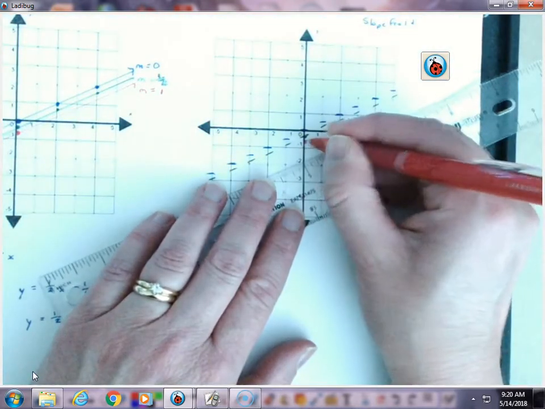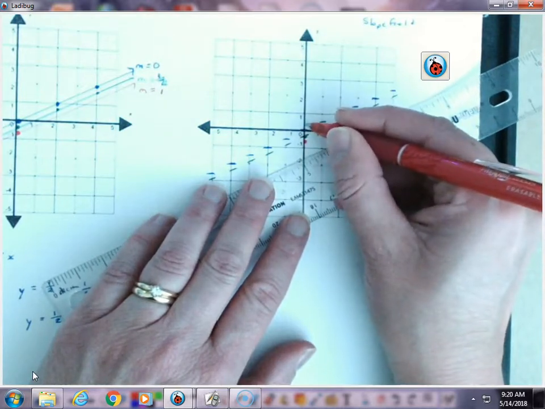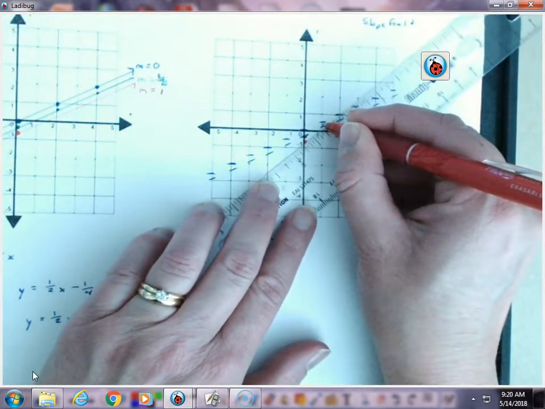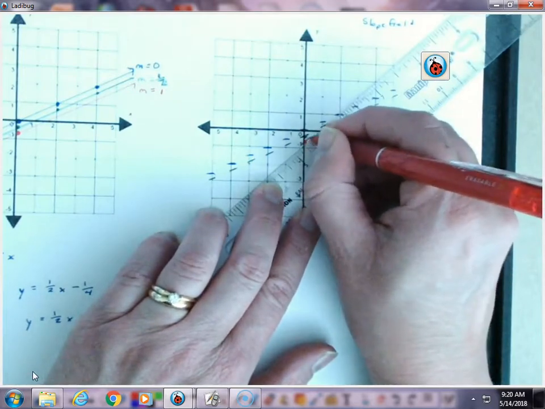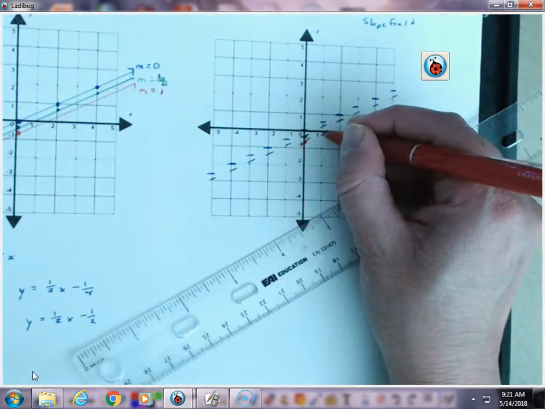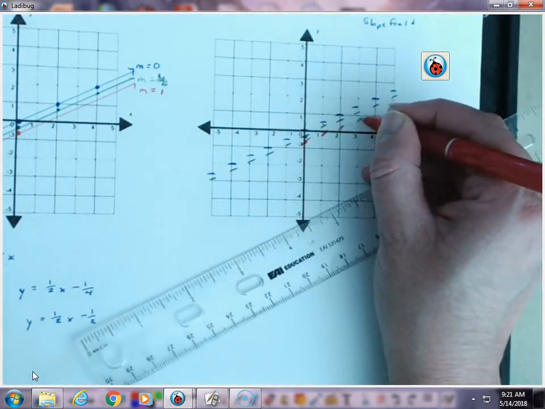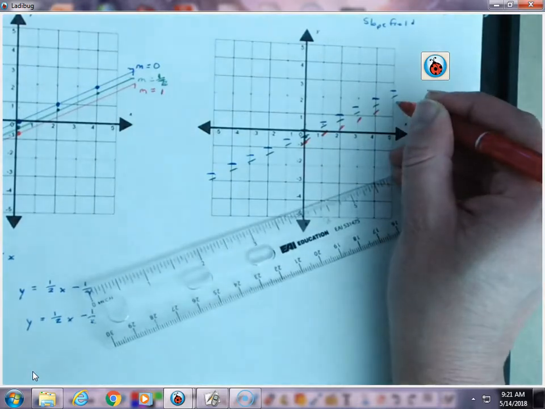So say at that point, I'd want to be up 1 over 1. So it'd be like that. So it should look a little steeper than your last one, but still basically a fourth under all of these.